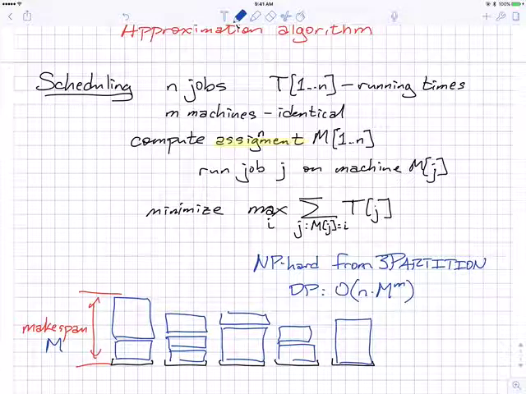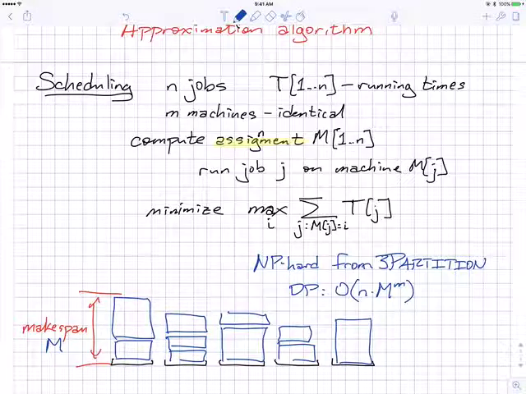If you're wondering, this is exponential because the number of bits I need to write M could in fact be exponential in the number of bits I need to write down the input. Also the lowercase m. True, but this is going to be dominated by n.